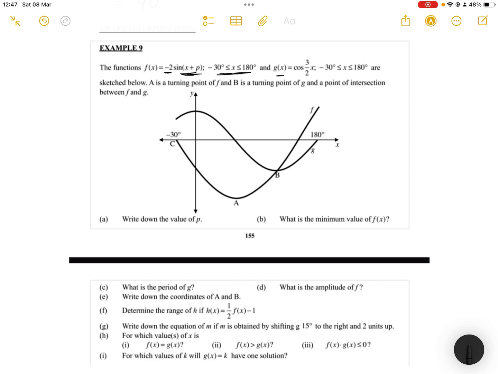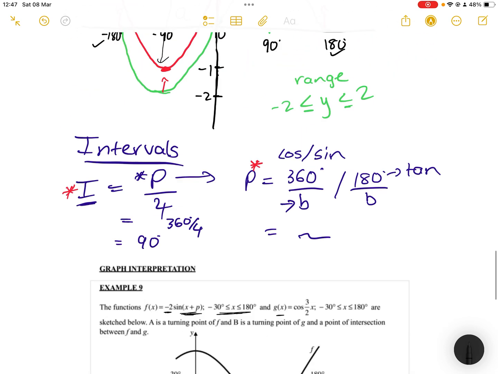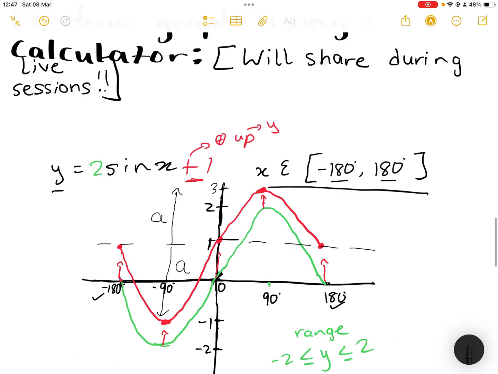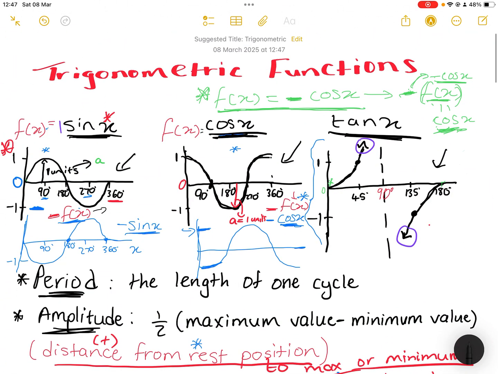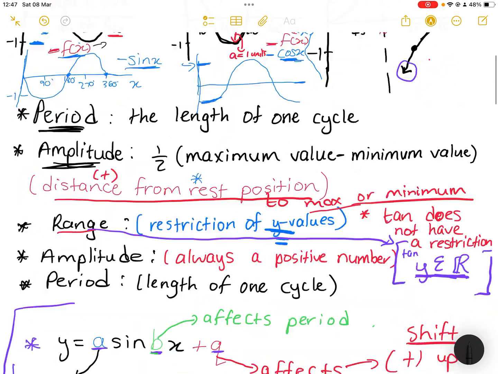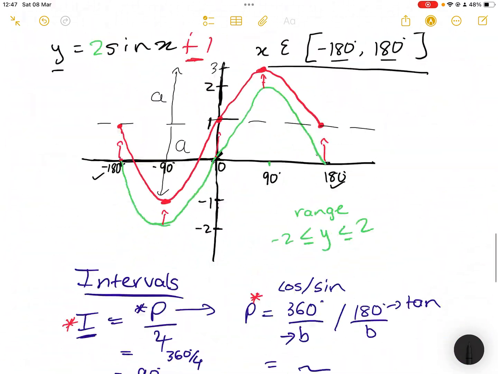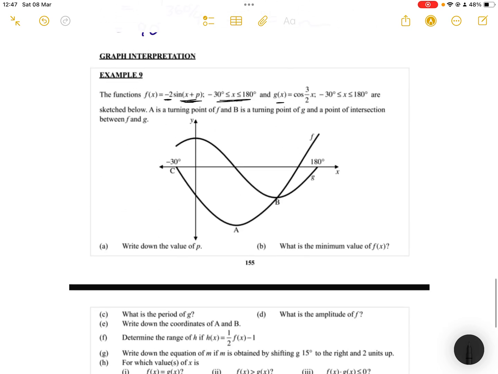To determine the shift, remember, whenever we started the graph of sine, it always started at 0 before it was shifted. But they shifted it, and now the graph is starting at -30. Can you see that the graph did not go to the right, but went to the left in terms of its shift?